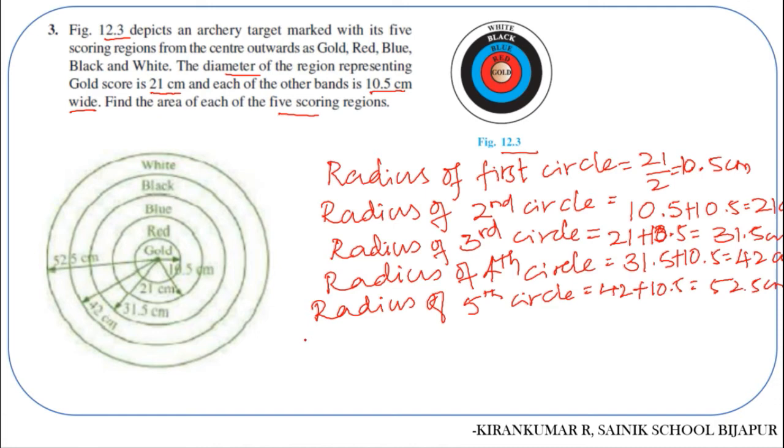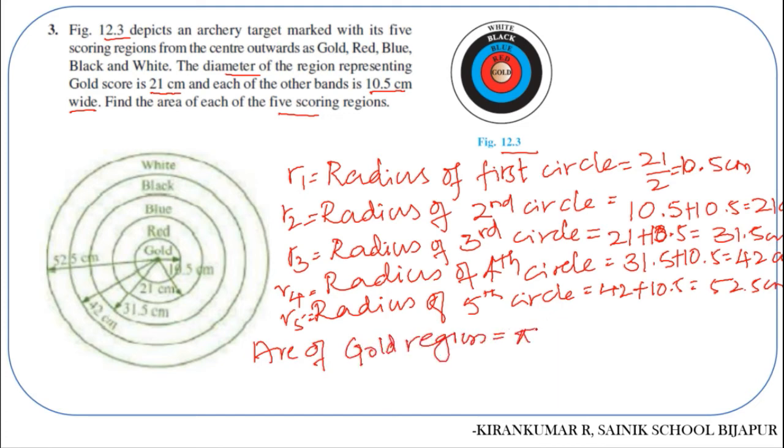They have asked to find the area of each color, each scoring. So area of the first circle will be pi r1 square. If I call this radius as r1, this as r2, this is r3, this is r4 and r5. The area of gold region is pi r1 square, which will be equal to pi times 10.5 whole square.